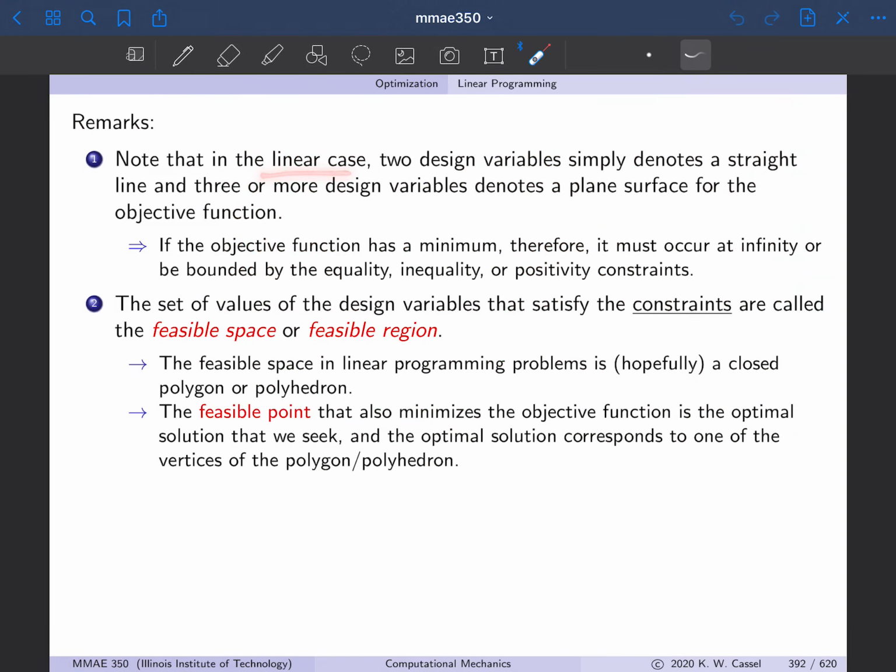Okay, so in the linear case, if we have two design variables, then we essentially just have a straight line. And if we have more than two, so three or more design variables, then we have a planar surface. The point is that in either case, the objective function does not have a minimum in the normal sense. If you take the derivative of a straight line, of course, you just get a constant.